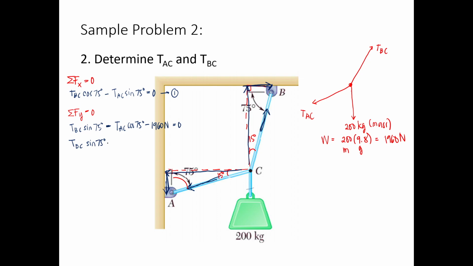I hope you understand why it's sine 75 and cosine 75. If you want to draw the triangle again, you can see that it's cosine and sine for the respective tension forces.